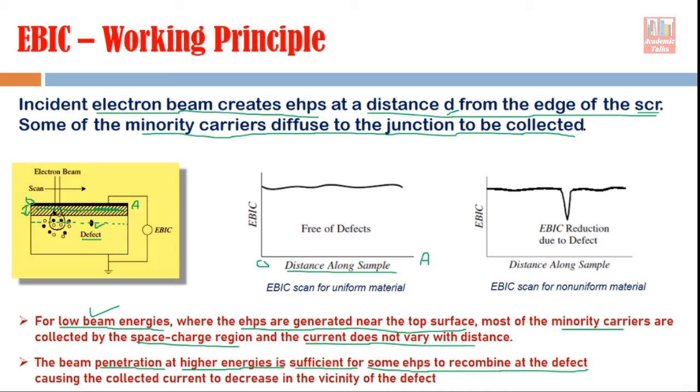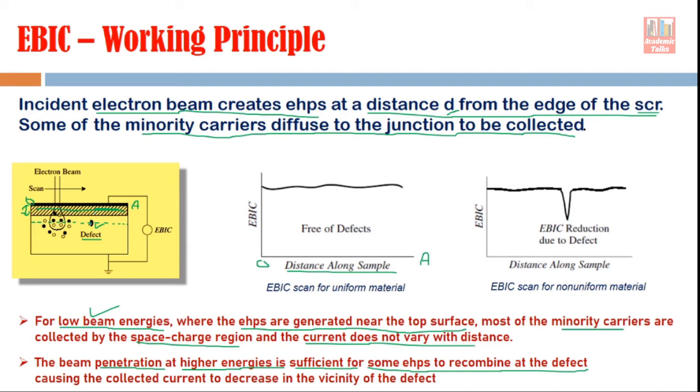But once the beam reaches here, where the defect is present, some of the carriers will interact with this defect and recombine, and they will not be able to reach the space charge region. So the collection of carriers in the space charge region is less, and there is less current here.